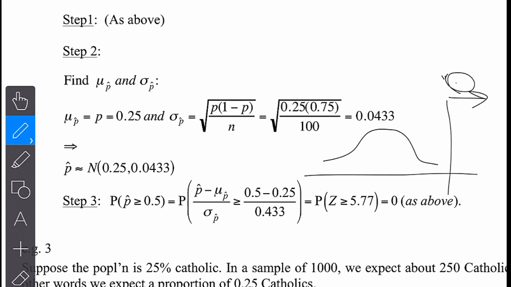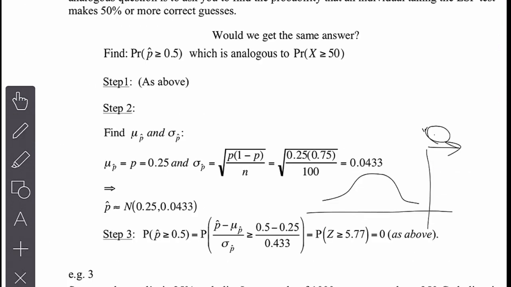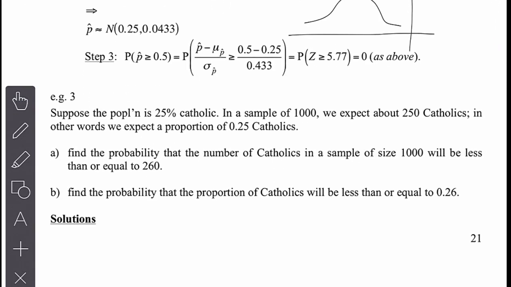Then I have a few more problems with the same sort of thing. Find the probability that the number of Catholics in a sample of size 100 will be less than or equal to 26 with the information given. What's the information? Suppose the population is 25% Catholic.